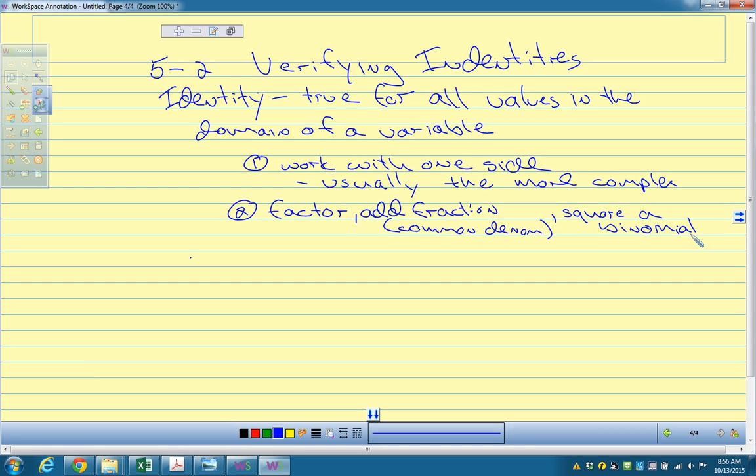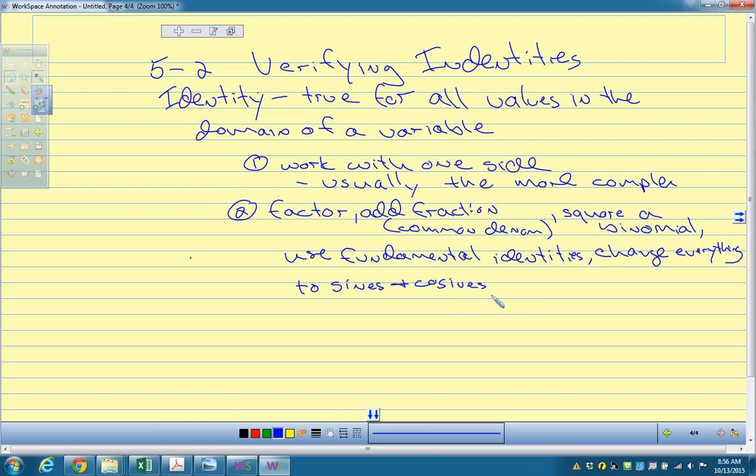Use fundamental identities. And change everything, like I tried to do in the last problem, to sines and cosines. And then if stuck, try again.